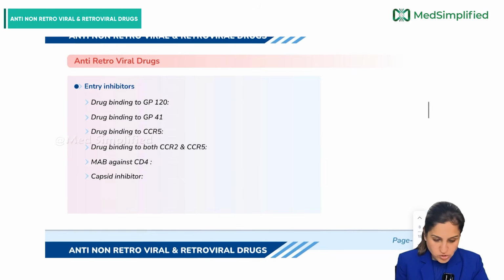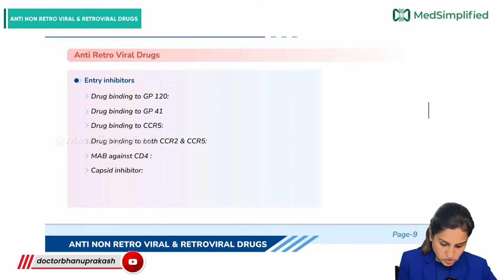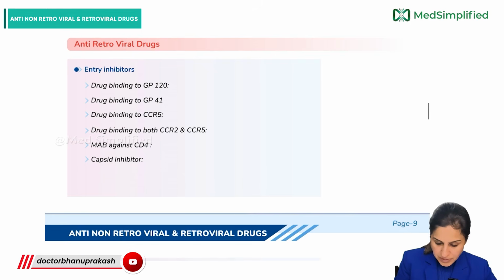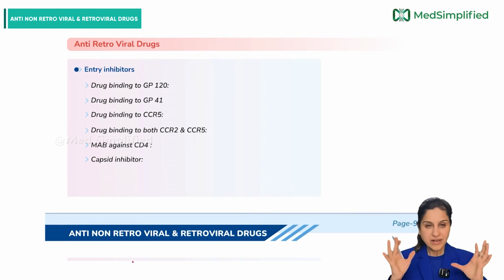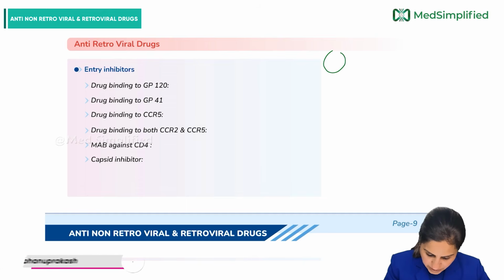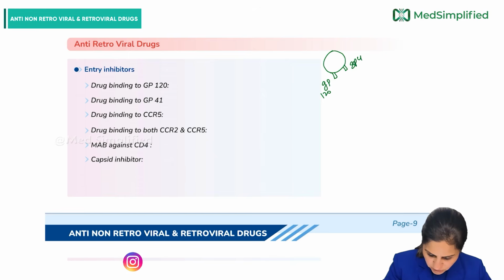Now moving on to the next, we have the antiretroviral drugs, right? So initially we have done the non-retroviral, now the antiretroviral drugs. Now we have various drugs which can be grouped by classification. So remember what happens in retroviruses: this is a retrovirus. It has GP120, it has GP41.